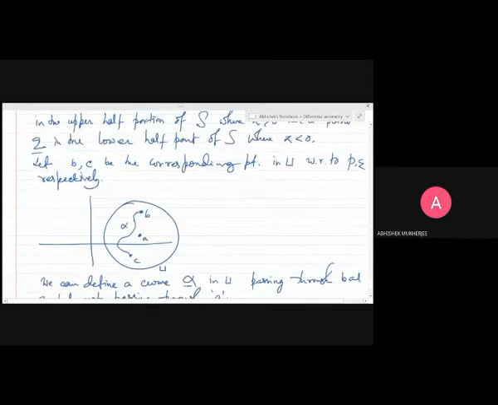Because if you draw this double cone again, this is your Q, this is your P, this is your 0, 0, 0, and this is alpha cap.